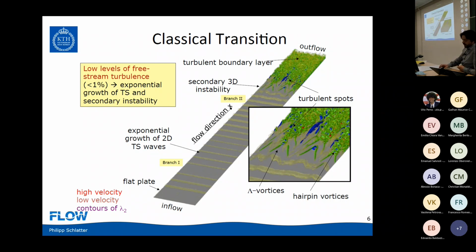What you see here is a boundary layer where you have the inflow down here, and then you have a flat plate, and then at some point towards the outflow, the flow becomes turbulent. Because in a boundary layer, as you know, the Reynolds number is slowly increasing as you go downstream. So that means at some point you will pass from stability into instability.